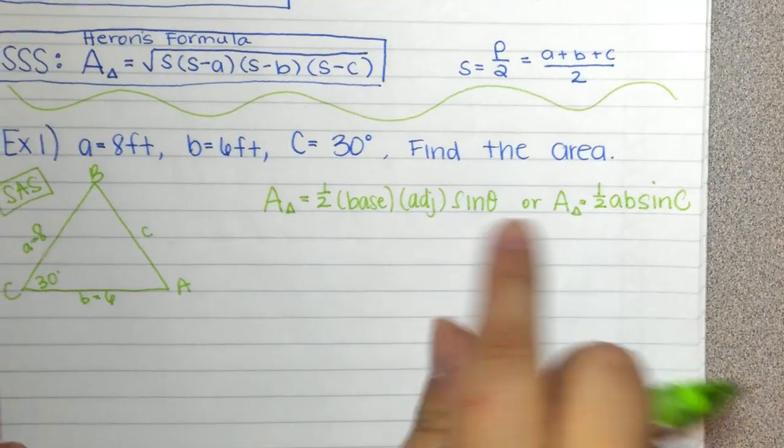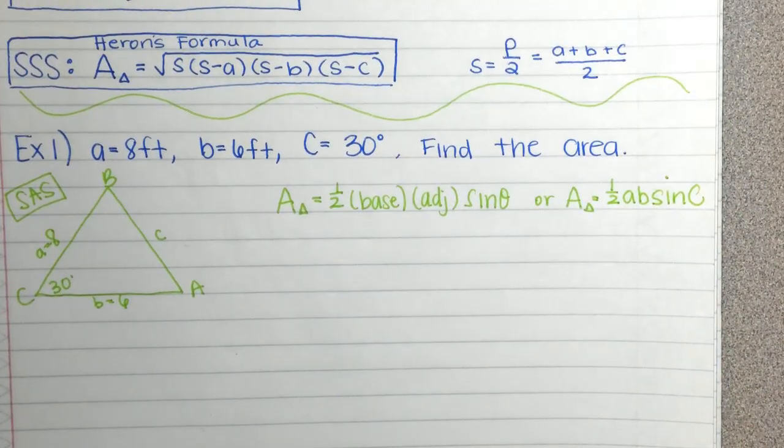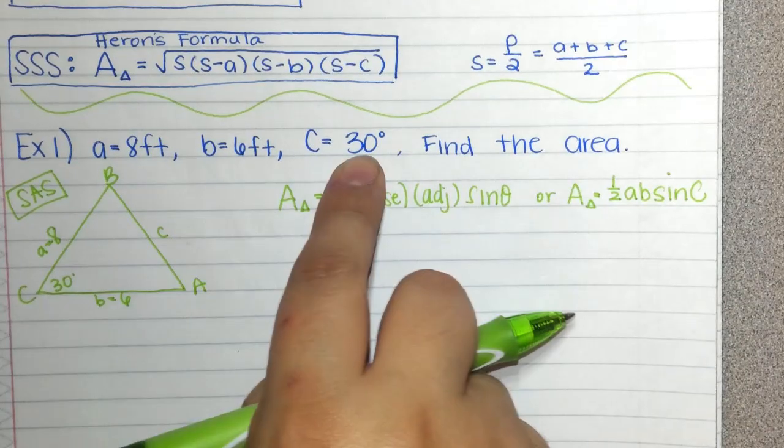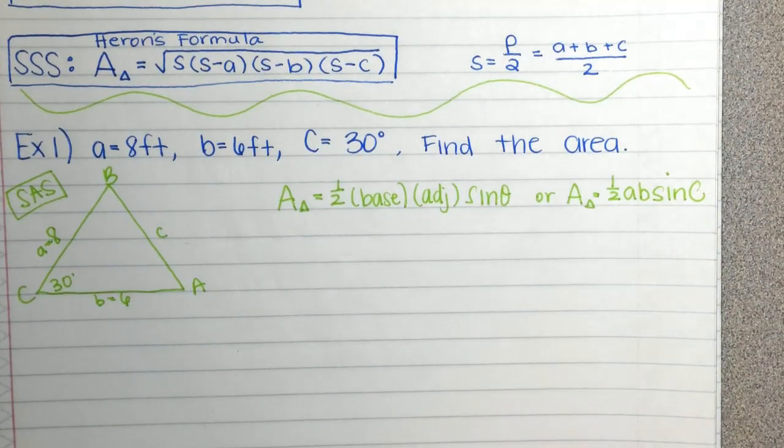Either one of these is acceptable. 1/2 AB sine of C, that's what you're given, or you could just write 1/2 base times adjacent sine of theta. I need to see the formula, I need to see you plug in, I need to see an answer. Those 3 things.